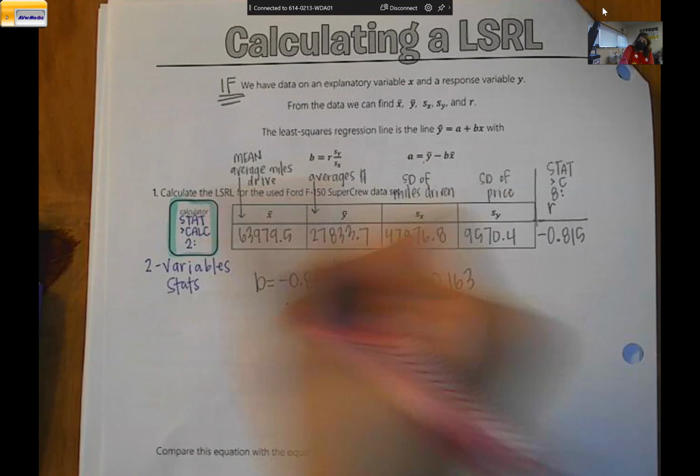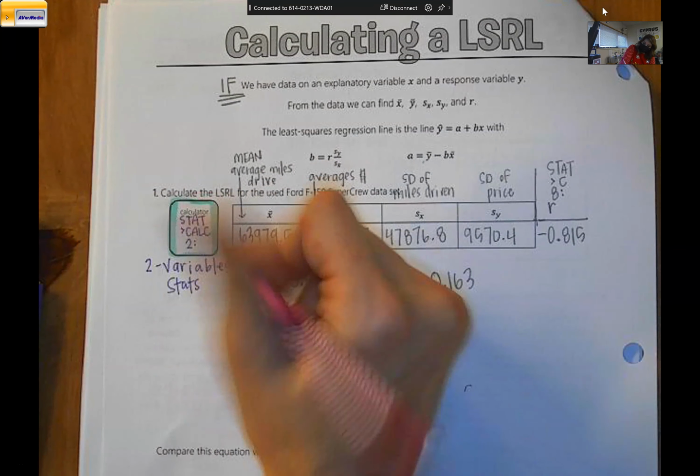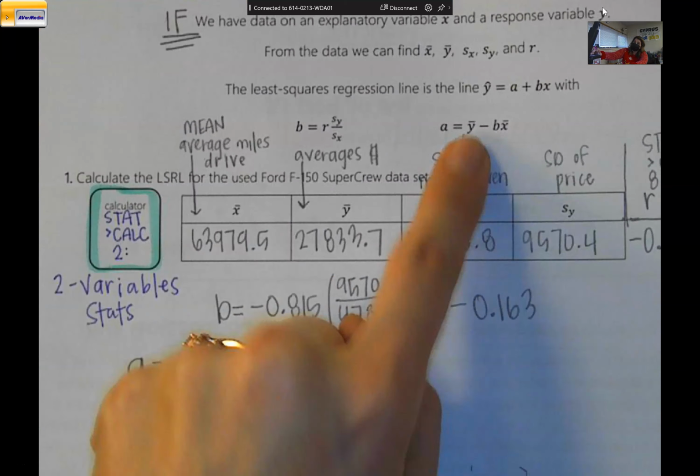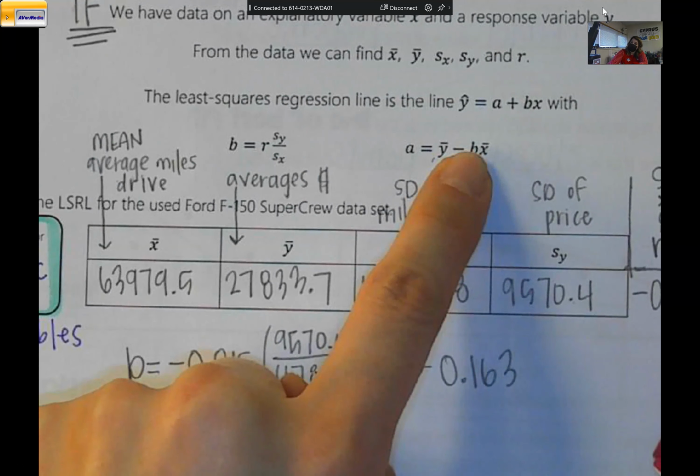Now we calculate slope next, just kidding, that's y-intercept, sorry. We calculate y-intercept next because you need slope to find it. If we look at this formula for y-intercept, you have to use slope in the formula.